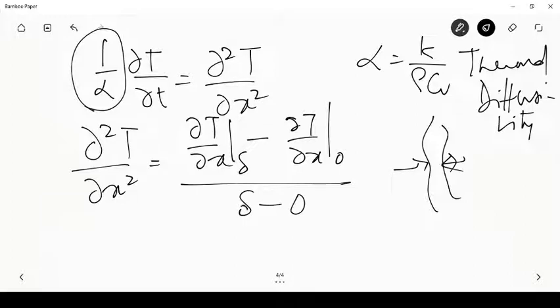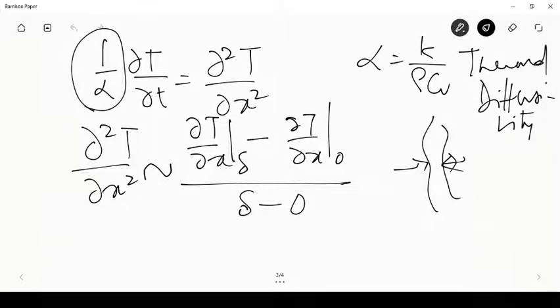Right. So this is your approximate expansion. So this should not be equal to; you can say this is of the order of. You'll use this symbol here, of the order of. So del squared T by del x squared, which is the right hand side of this equation, is of the order of del T by del x at delta minus del T by del x at 0, divided by delta minus 0. Now let us look at the orders of magnitude of this del T by del x at delta and del T by del x at 0.